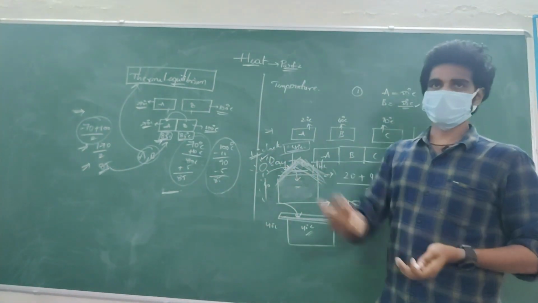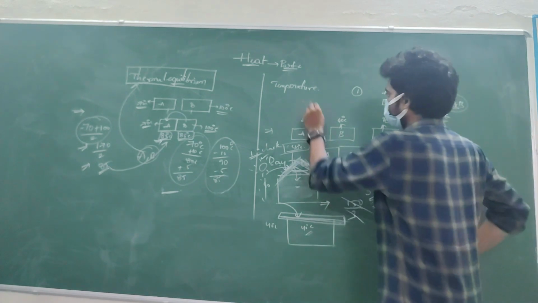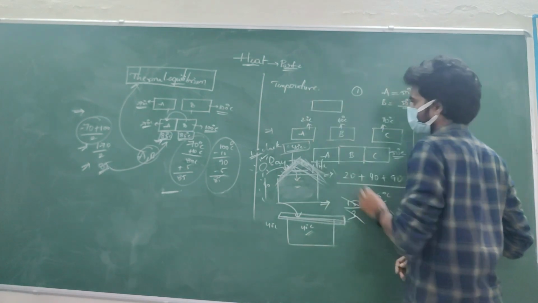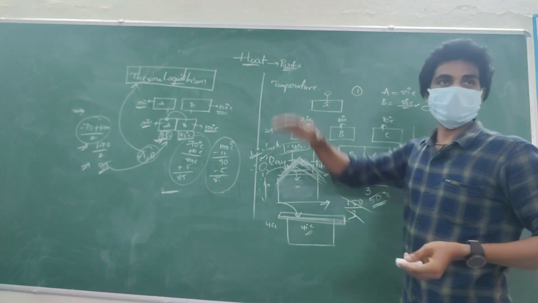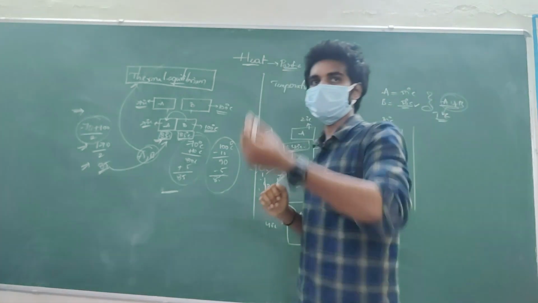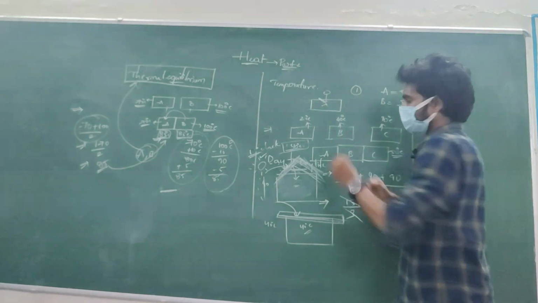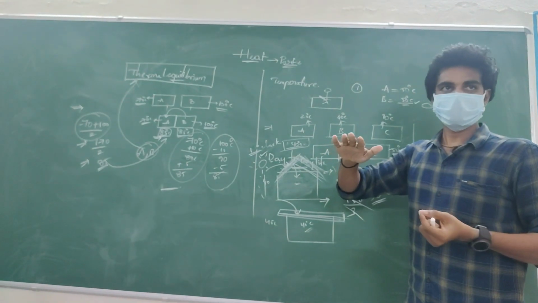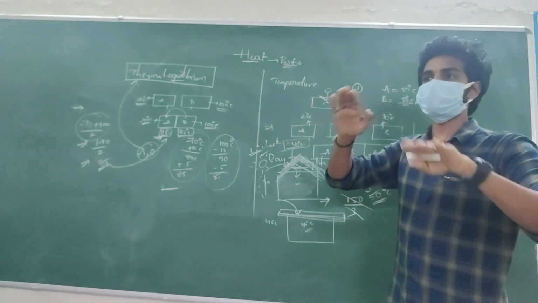And also, if we consider one more example, let's say you are sitting inside your classroom. Let's say this is your bench. If you put your hands on the bench, you tend to feel a little bit cooler in the beginning, right or wrong? But after some time, your hand's temperature and the bench's temperature become equal.